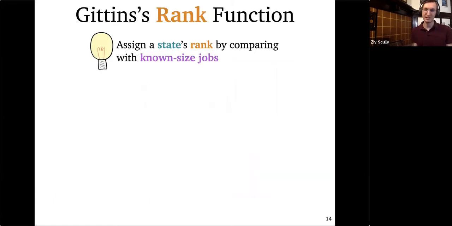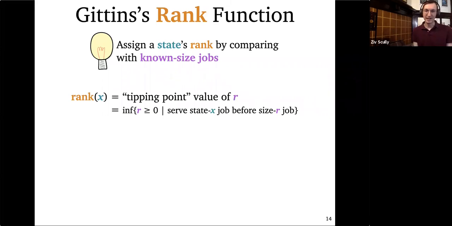So remember that I've said that the way Gittins assigns ranks is by comparing a job in a certain state with a known size job, just like we were doing on the previous slide. Specifically, and this is actually exactly what CJ was talking about, a job's rank is going to be that tipping point value of R, where it's kind of equally good to either start serving the state X job or to serve the size R job.